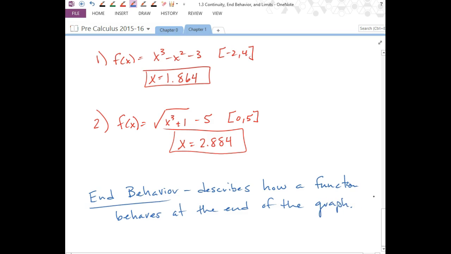Okay, so the end behavior is the farmost ends of your function.